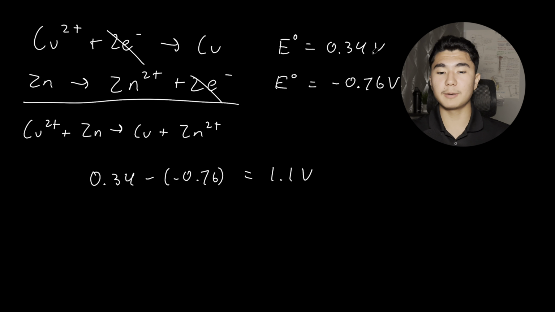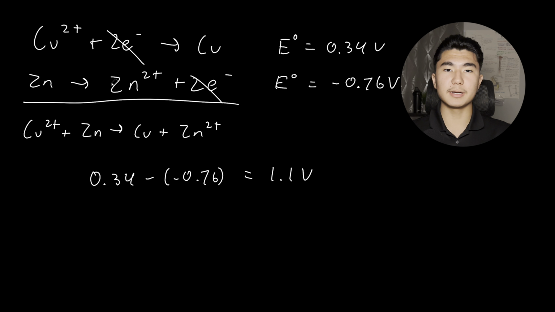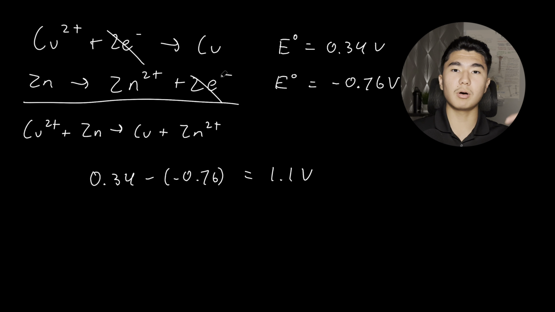So it's simple to understand. Since we know that over here the one with the smaller standard reduction potential was being oxidized, and oxidation is a loss of electrons, we need to write an equation that satisfies oxidation, which is this equation, because we lost electrons. When we're losing electrons, the electrons go on the product side. When we're gaining electrons, the electrons go on the reactant side. That's a very important thing to know.